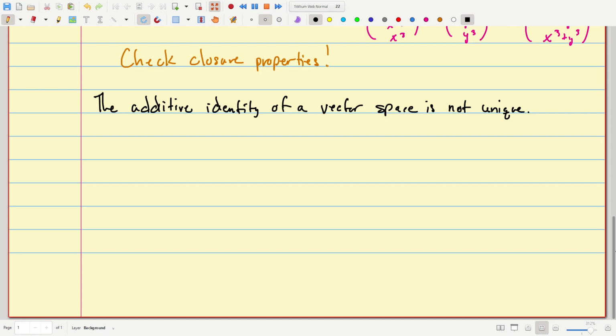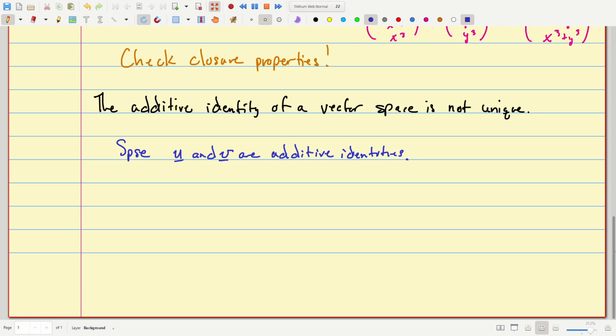All right. That is the standard way that we prove something is unique. Suppose there are two. So we're going to suppose that U and V are additive identities. Okay?